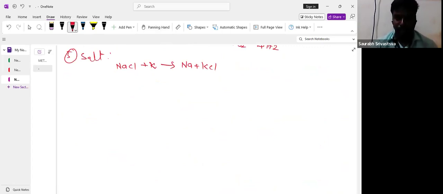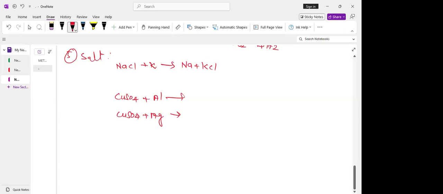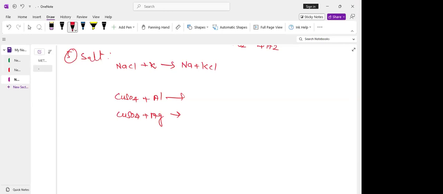For example, I have written CuSO4 plus Al and CuSO4 plus Ag. Which reaction will be possible? For sure, CuSO4 plus Al.